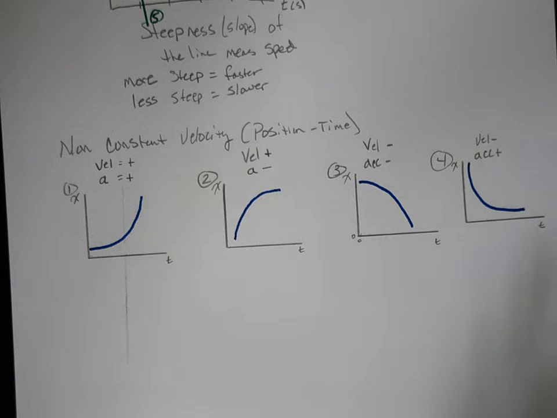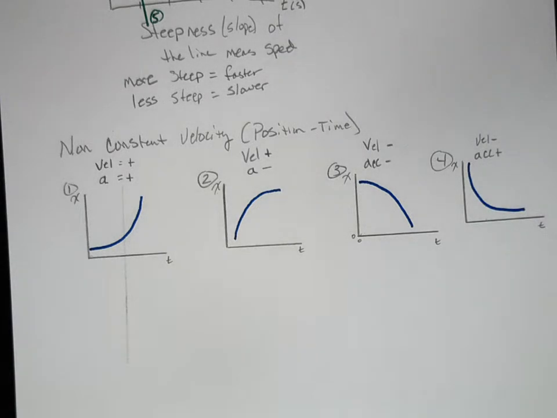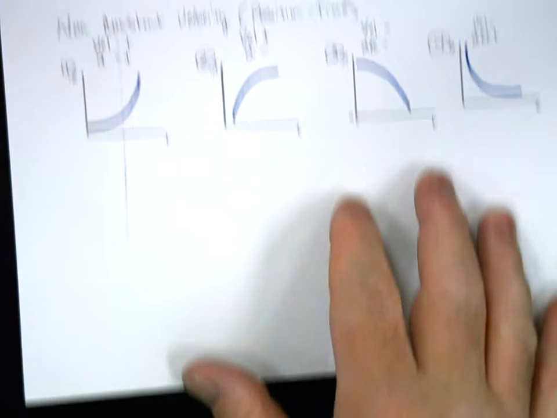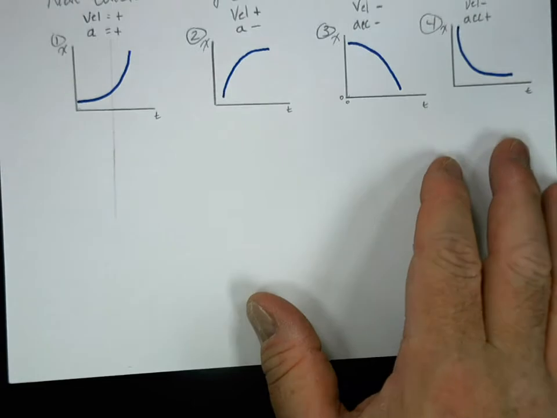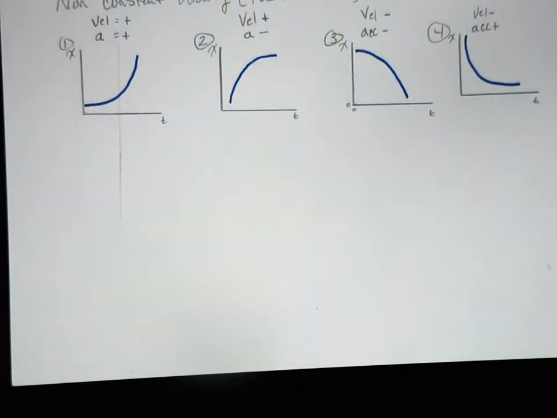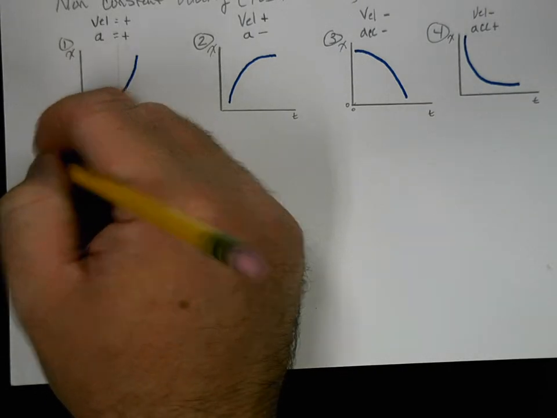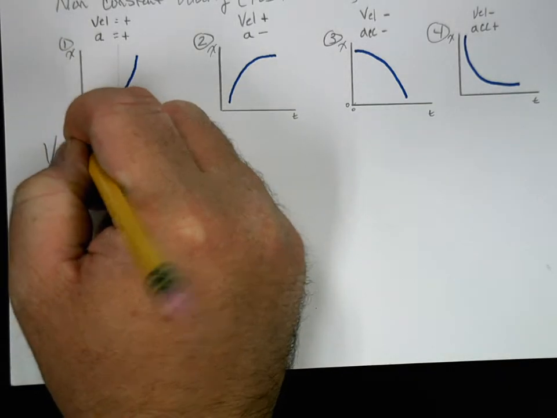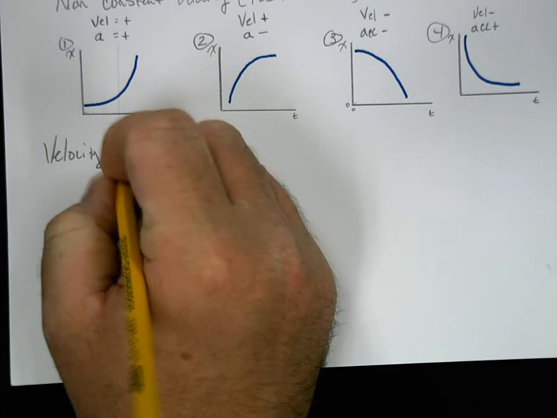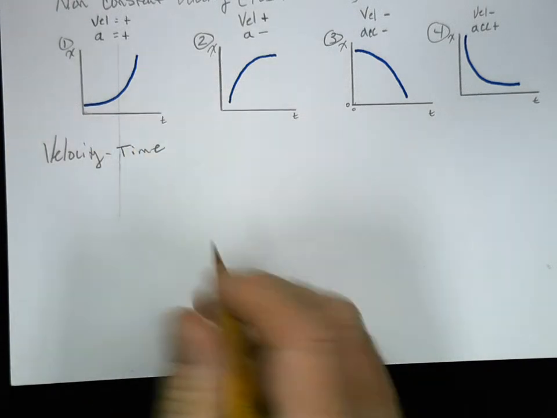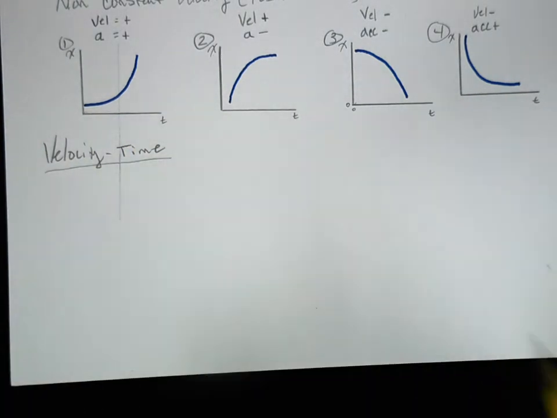So, need to get some stuff out of the way to finish this. All right. So now we are on to velocity. Velocity time graphs. Now these are very similar to, or we'll call them VT.